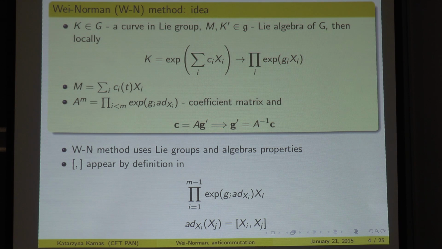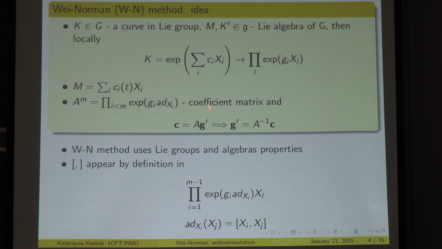So the time derivative of g, prime is the time derivative here. Yes, I understand, but you must invert the matrix A, and then find the coefficients C.